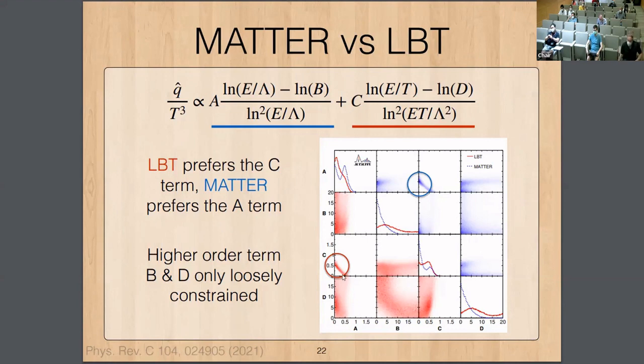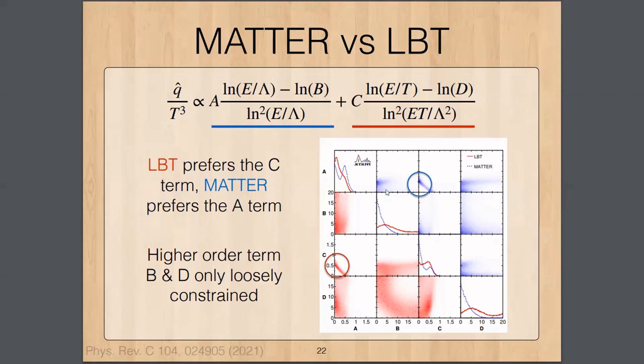In the red one, where we use LBT as the energy loss model, we can see that it prefers much more the C term over the A term. Whereas if we use MATTER, then it prefers much more the A term over the C term, which is a nice confirmation. And we can also see that the B and D terms, the higher order terms, are only very loosely constrained. So with the current data set, we cannot say much about those.